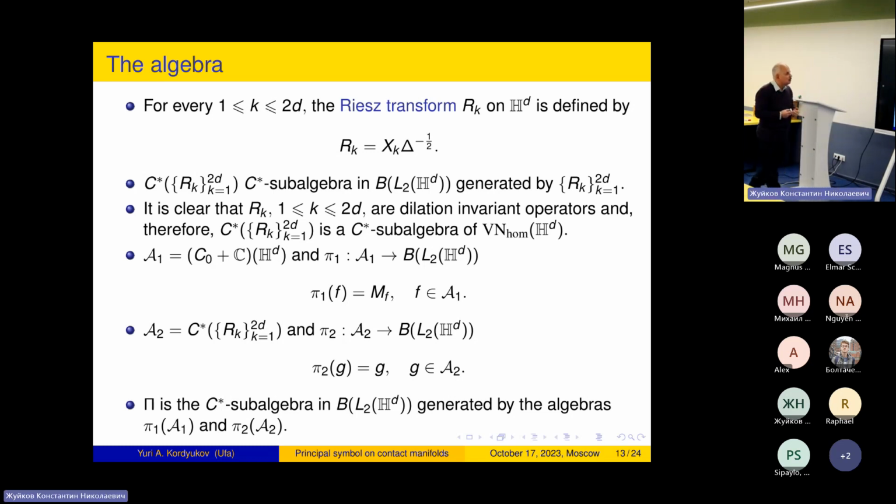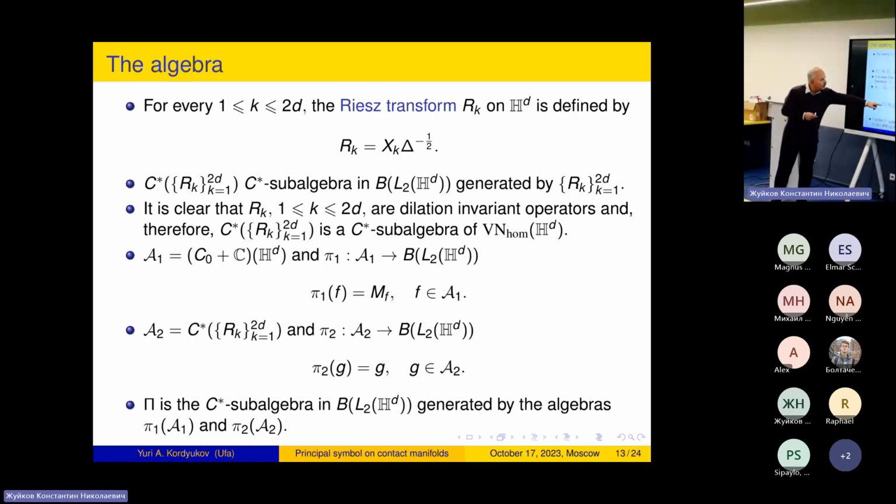And now I define the algebra of pseudodifferential operators as the C* algebra generated by these two subalgebras. First, I will consider just these Riesz transforms, and I will multiply these Riesz transforms by functions which go to a constant at infinity. So C naught means vanishes at infinity plus constants.